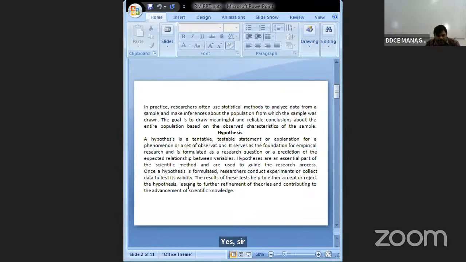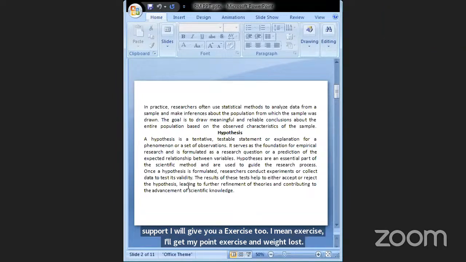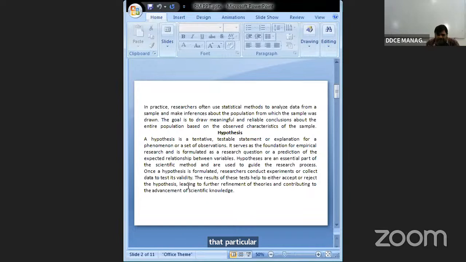Similarly, suppose I give you an exercise schedule. I give a particular time period or schedule to do exercise accordingly, and we check whether there is weight loss, or whether the health condition is good after exercise or not.